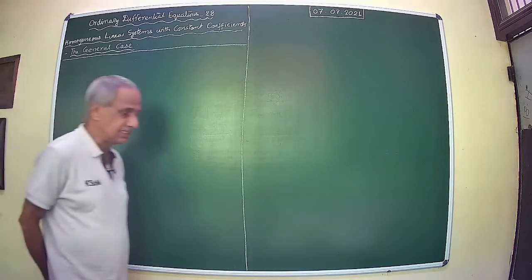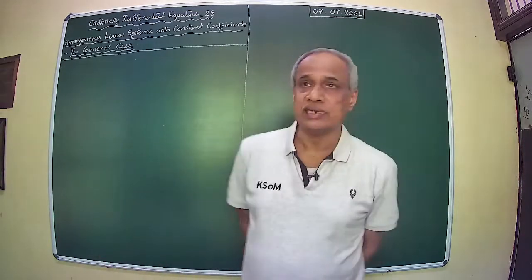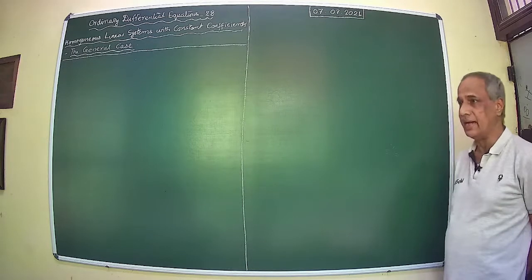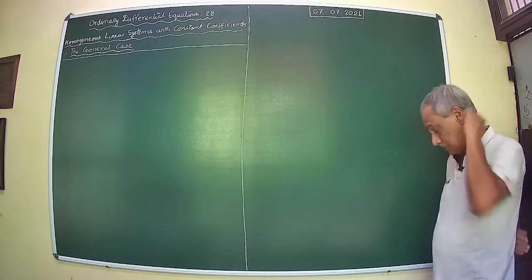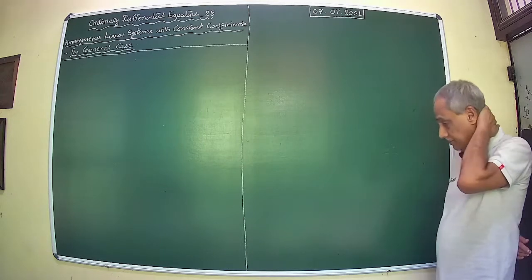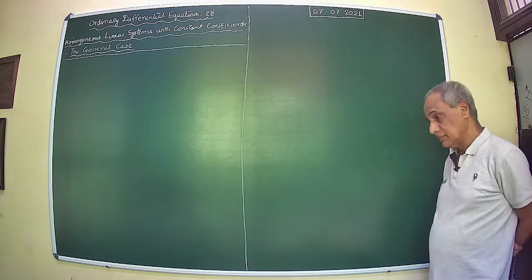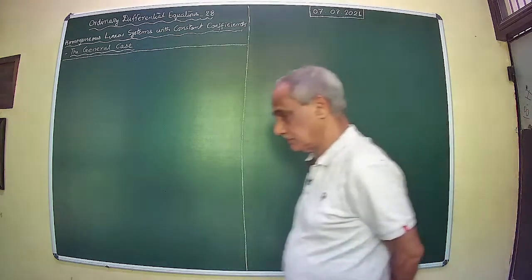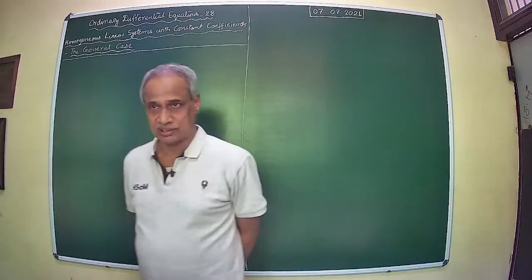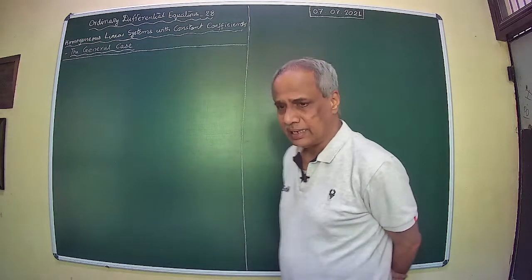For instance, when we consider symmetric A, namely a_ij equal to a_ji, one can easily prove that all the eigenvalues are real. There are no non-real eigenvalues at all.